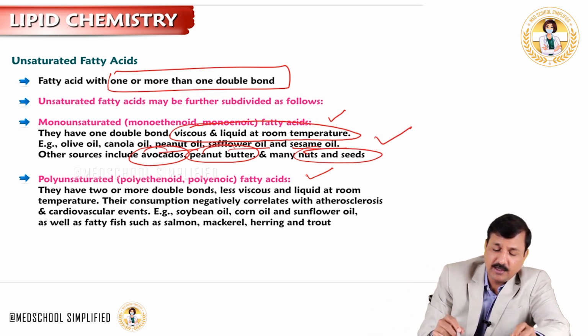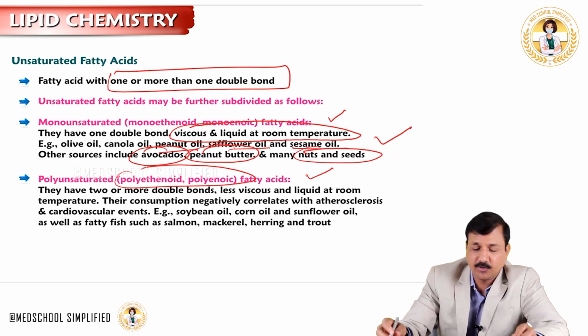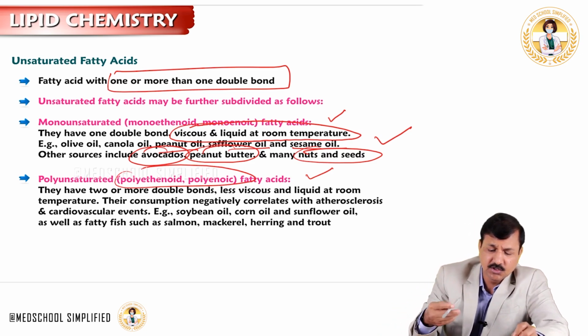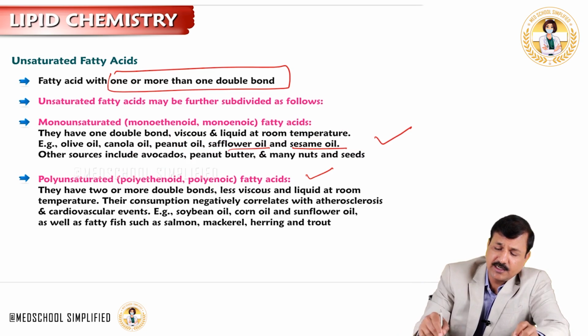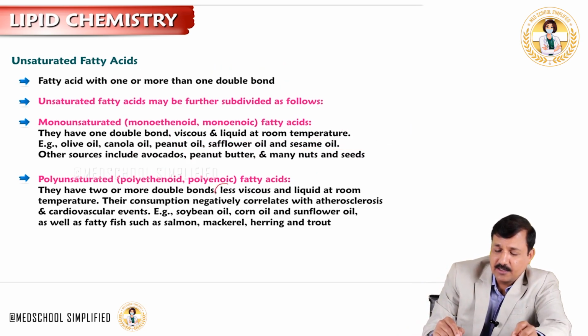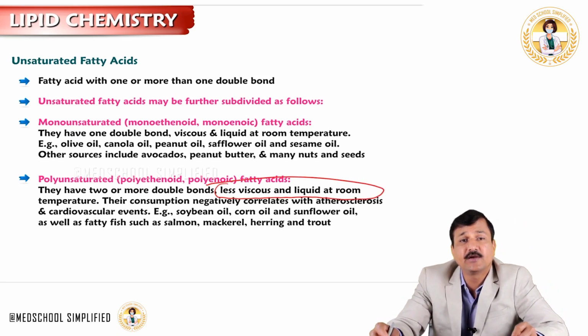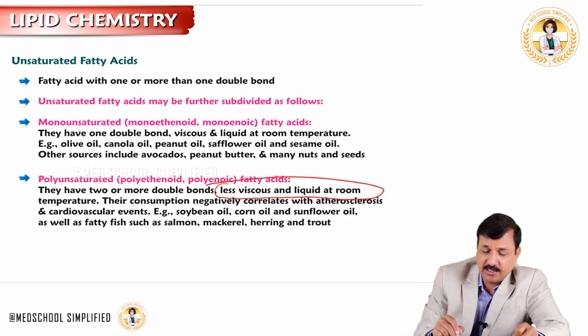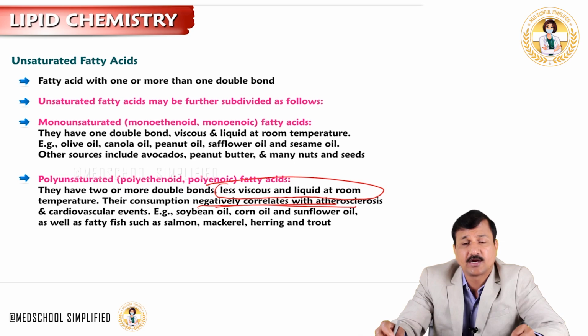Coming to polyunsaturated fatty acids, sometimes referred to as polyenoic acids. They contain more than one double bond, and because of the higher number of double bonds, they are less viscous and generally liquid at room temperature. Their consumption is negatively correlated with atherosclerosis and cardiovascular events.